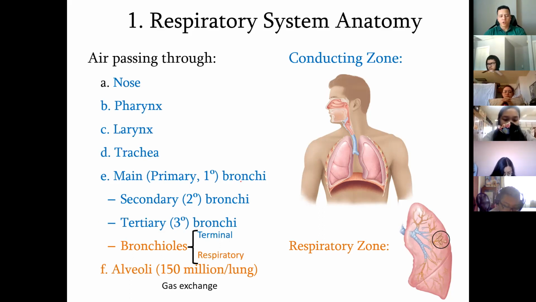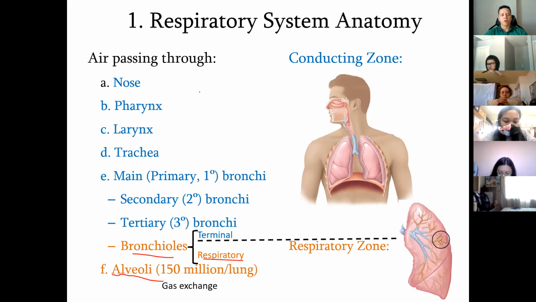So two of the structures here that are shown in orange belong to the respiratory zone, and they are the respiratory bronchioles and the alveoli, okay? We're going to go over very briefly through each one of these here and discuss them a little bit more.